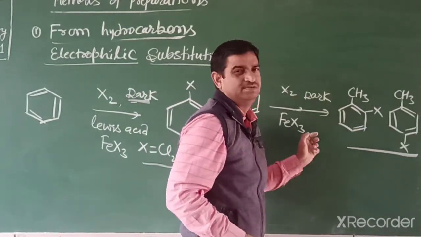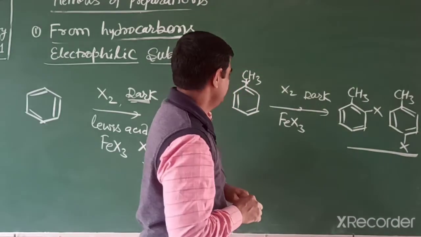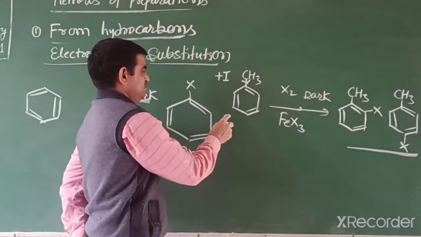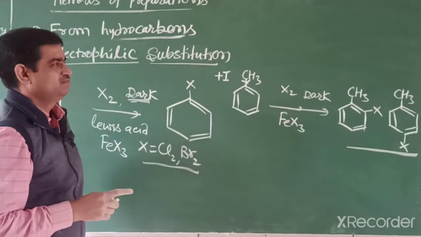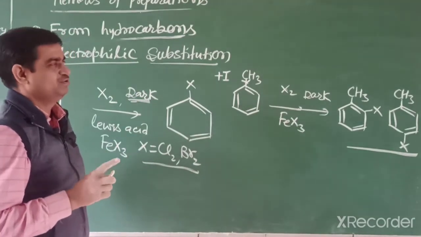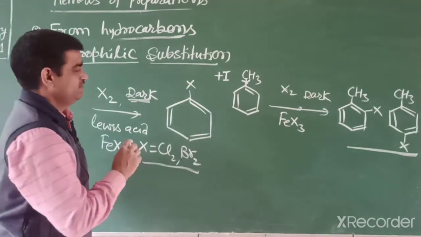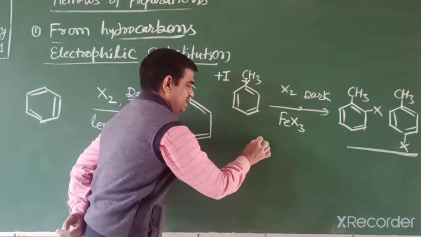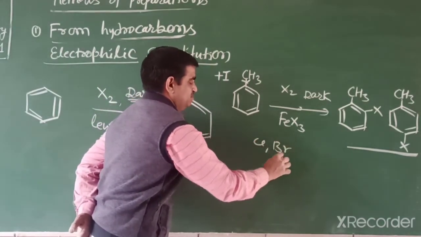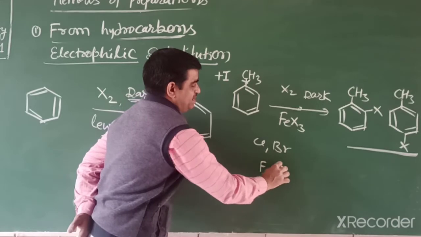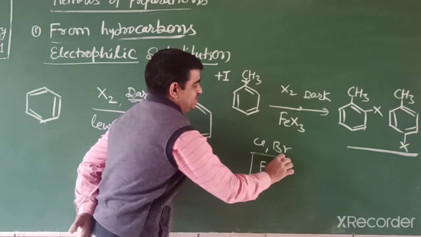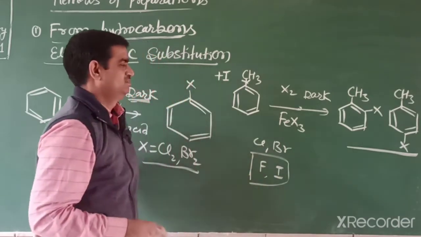Ortho and para have different melting points. But in this reaction we can't prepare fluorides and iodides. We can prepare only chlorides and bromides. For fluorides and iodides, we have to take special methods.